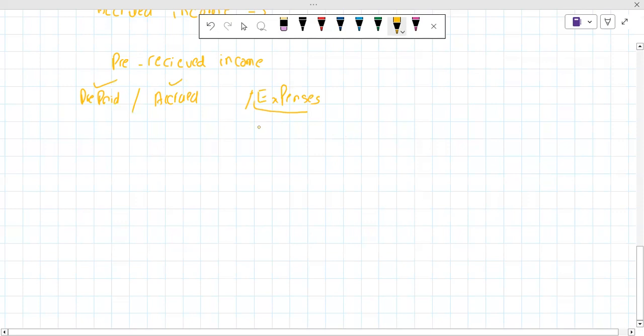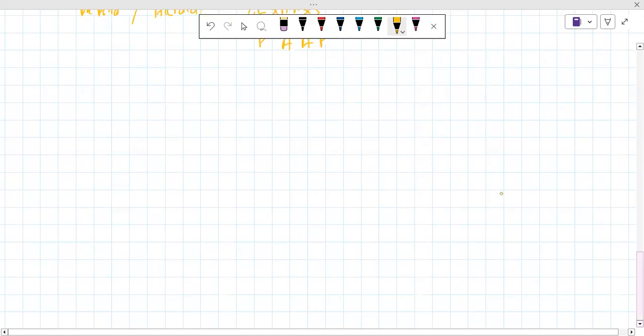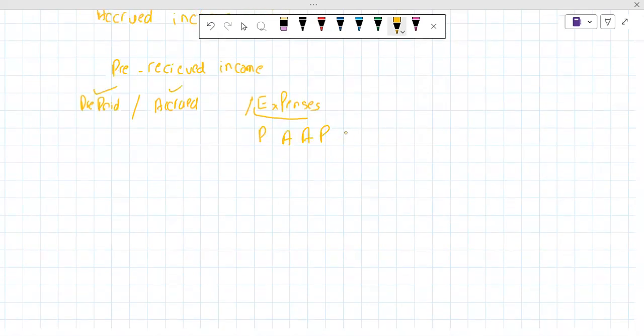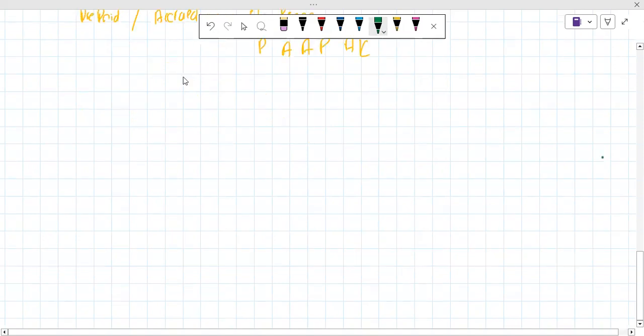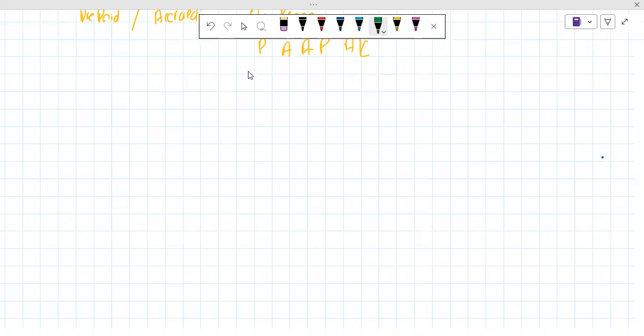We just need to remember one mnemonic, and which is POP. Okay, so what is the meaning of this POP? You can say that POP account.